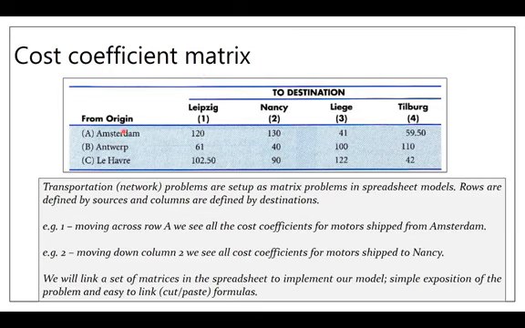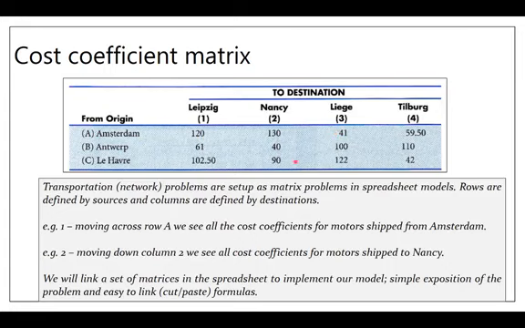We say matrix because we have rows and columns, or tabular form if you prefer. The intersection of a row and a column tells you the cost of shipping something. A 1 unit shipment from Amsterdam to Leipzig increases our cost by 120. 1 unit from Amsterdam to Liège increases our total cost by 41.